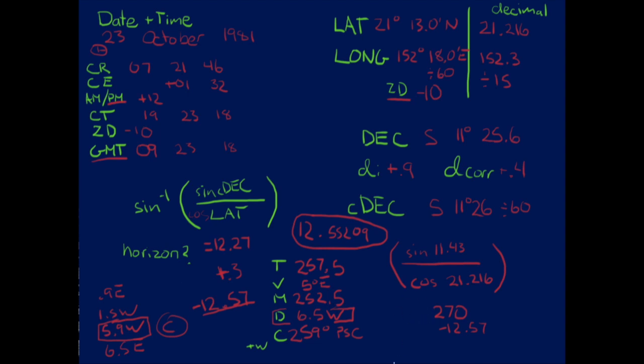So you've got to interpolate. It's just messy. It's not very accurate. So the best way to do it, just trust me, is sine to the negative first power of the sine of the declination divided by the cosine of the latitude, that whole thing, and that'll get you the answer. So in this case, there you go, 5.9, C, and that's how you solve for amplitude.